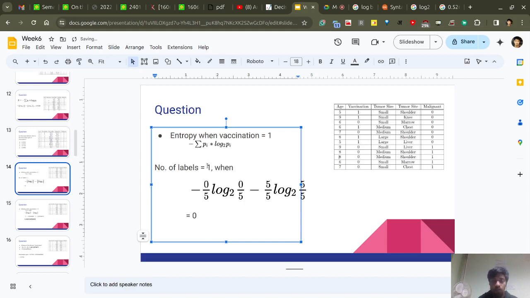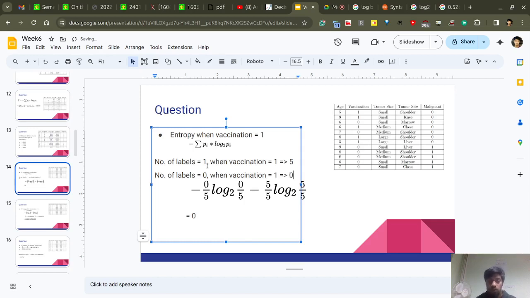So this number is 5, and the number of labels equal to 0 when vaccination equal to 1 is 0. No, it is opposite actually, right?